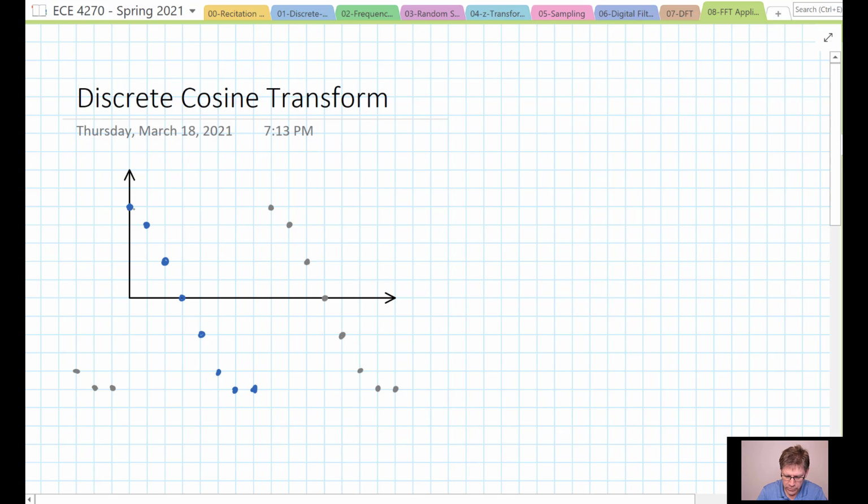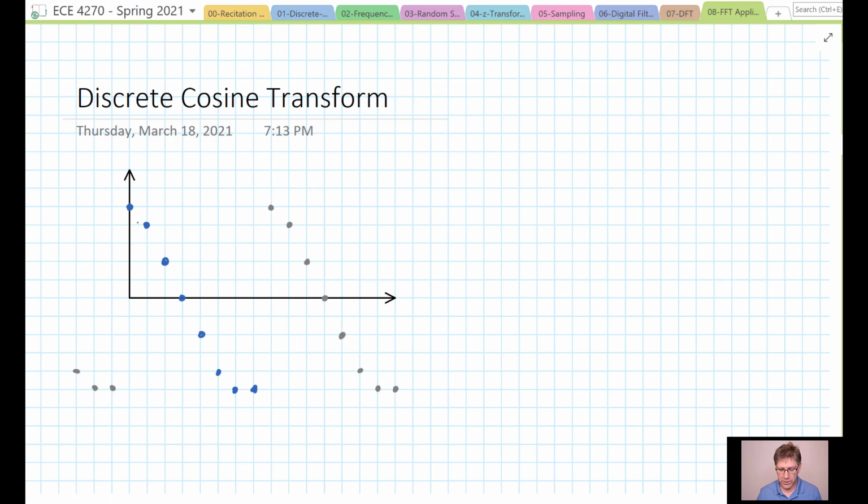Well, you could imagine if all we had were these blue samples, that actually looks very much like part of the cycle of a single cosine. Not perfectly, but pretty close. And we would expect the basis function of that particular frequency to have a large value and the rest to be pretty small.